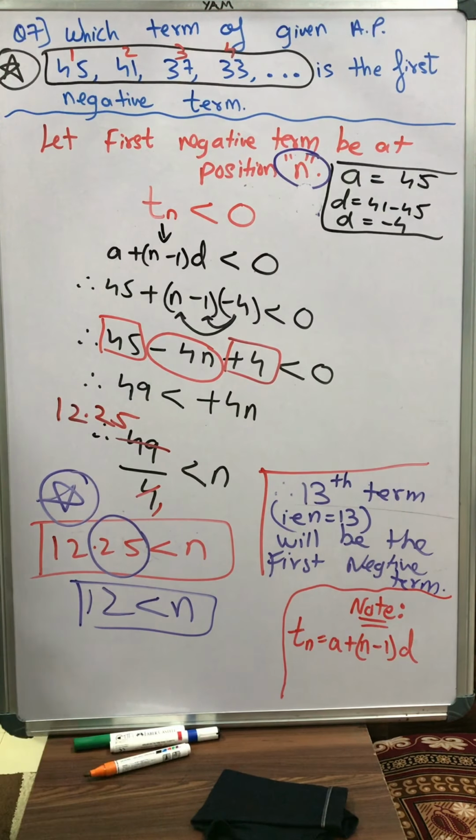Hope you understood, students. From 13 onwards, the negative terms start. Please pause the video, students, and do it fast. It was an important question.